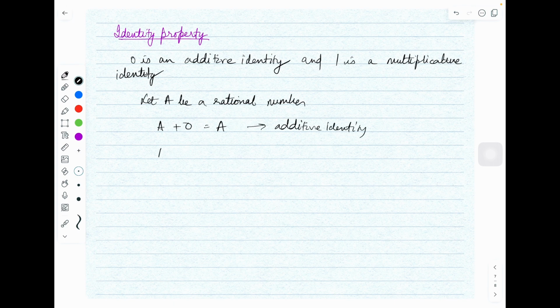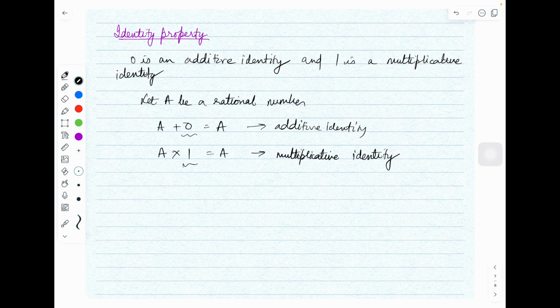If you do A into 1, you are going to get A only. So for 0 and 1, you have to find such a number that if you add it to a rational number, you get the same rational number. Such a number is 0. And you have to find a number that if you multiply it with a rational number, you get the same number. So this is the multiplicative identity.